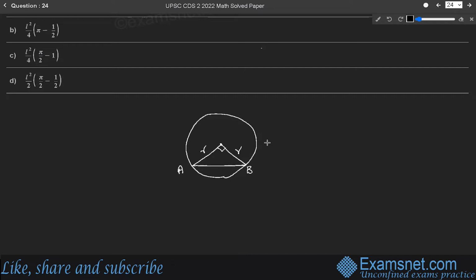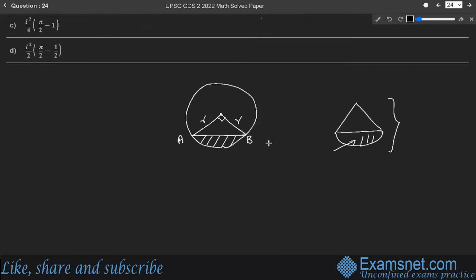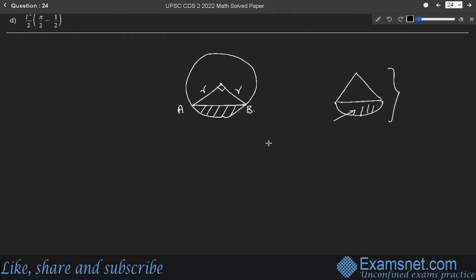In this question, we have to find the area for minor segment. This is the minor segment. But you can see that the minor sector is this whole sector. So if we want area of this particular section, then we have to find the area of this whole sector and then we have to subtract the area of the triangle. Then we will get this section. So first we have to write the area for sector.